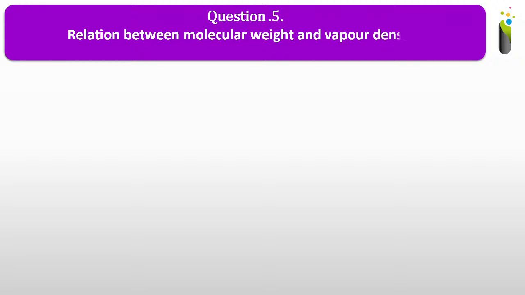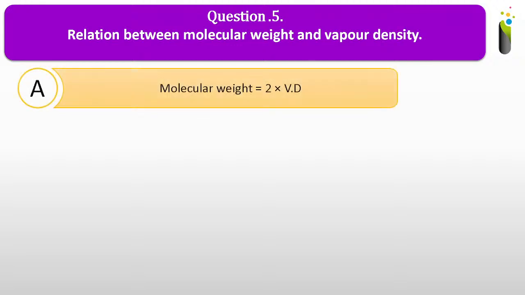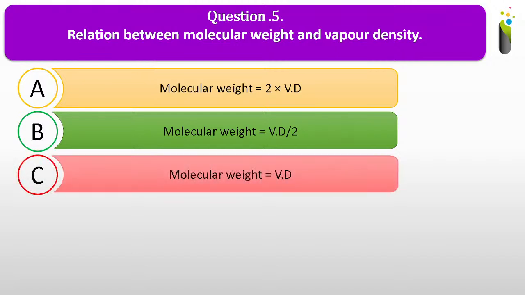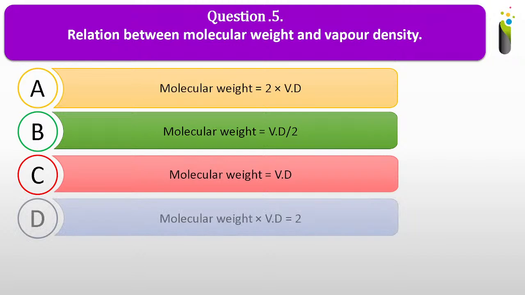So coming to the next question, number 5. Relation between molecular weight and vapor density. A. Molecular weight is equal to 2 into vapor density. B. Molecular weight is equal to vapor density by 2. C. Molecular weight is equal to vapor density. D. Molecular weight into vapor density is equal to 2.